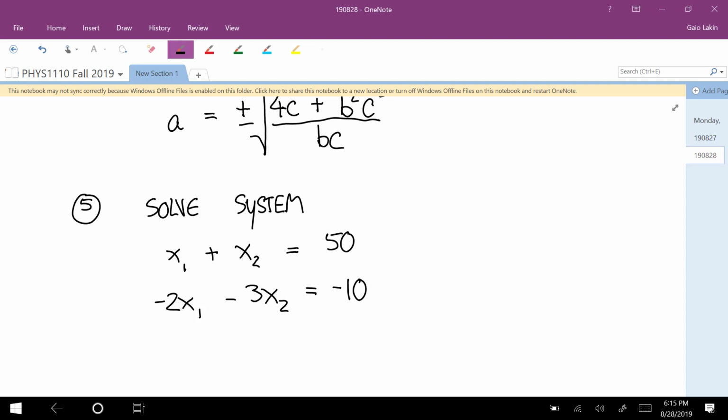And so those are really disguised equations. In other words, they're really giving you the same information. And if you have two variables, but only one equation worth of information, you can't do it. But these don't give the same information. So we have two equations for two variables, and we can solve this.